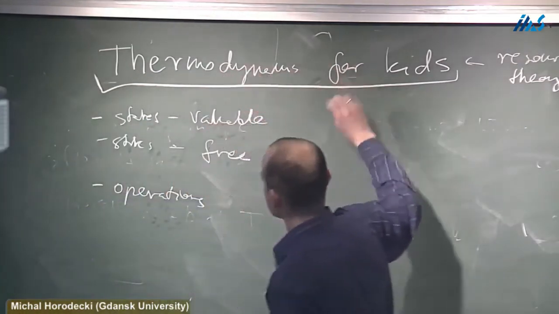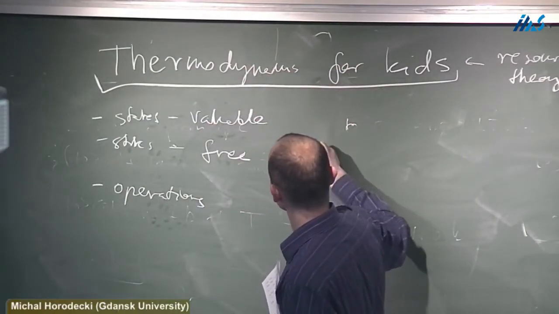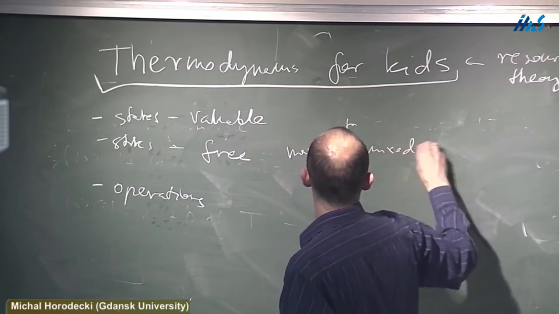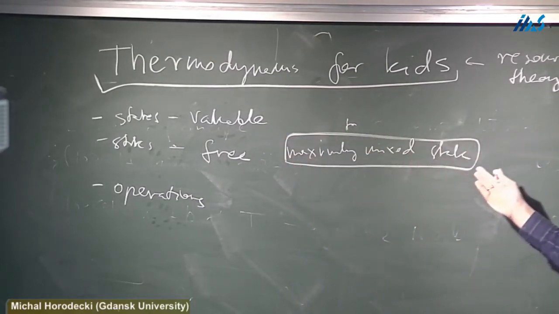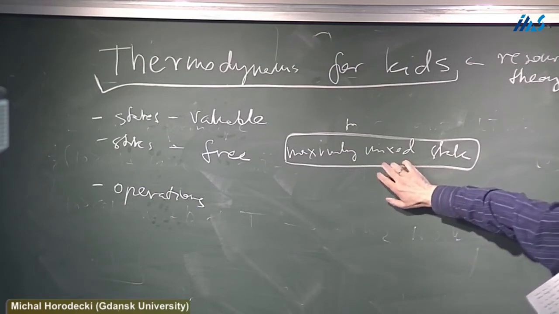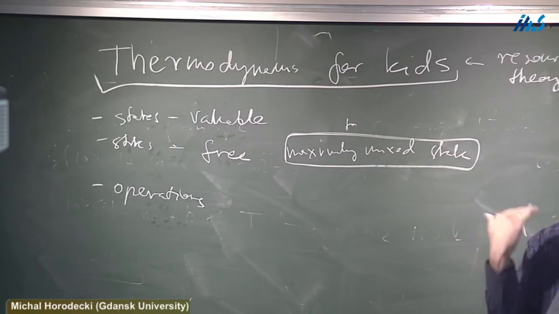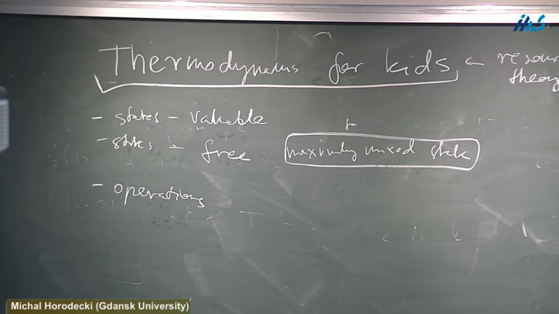So in this case, the free state is just the maximally mixed state. This is a state that is clearly useless for the purpose of drawing work, for example. But you can also think that this is the equilibrium state for a system with a trivial Hamiltonian. If you have no Hamiltonian, or a fully degenerate one, then the equilibrium state is the maximally mixed state.